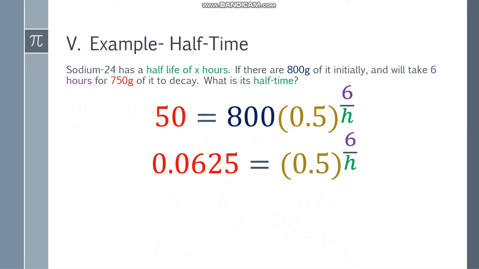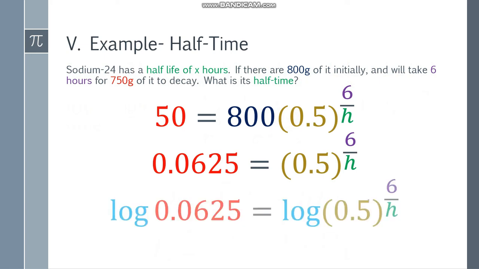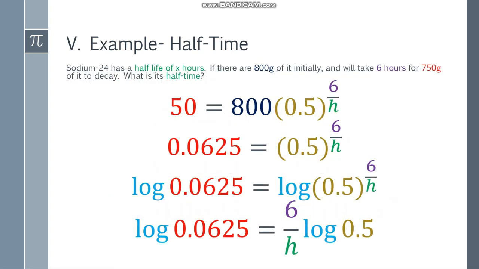Now, remember the logs that we have done in the previous example. So we apply logs to both sides so we can bring down the exponent to the left side of the log. So the 6 over h will be placed here.